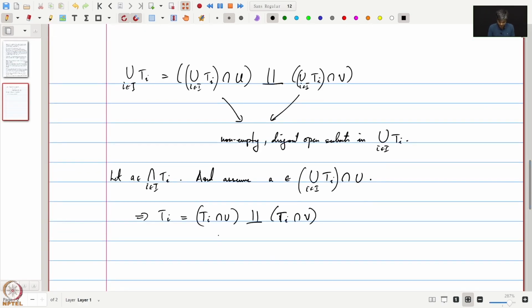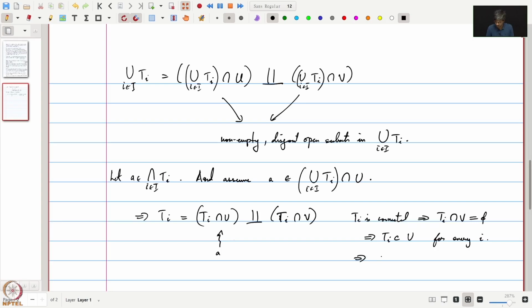Now this contains A and so is non-empty, right? And on the other hand, Ti is connected. This forces that Ti intersection V has to be empty, right? So this implies that Ti is completely contained inside U, for every i, and this happens for every i, right?